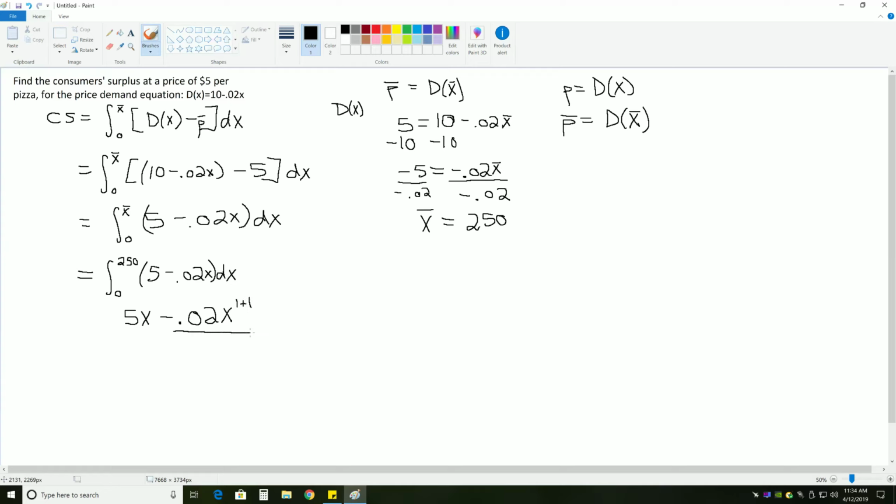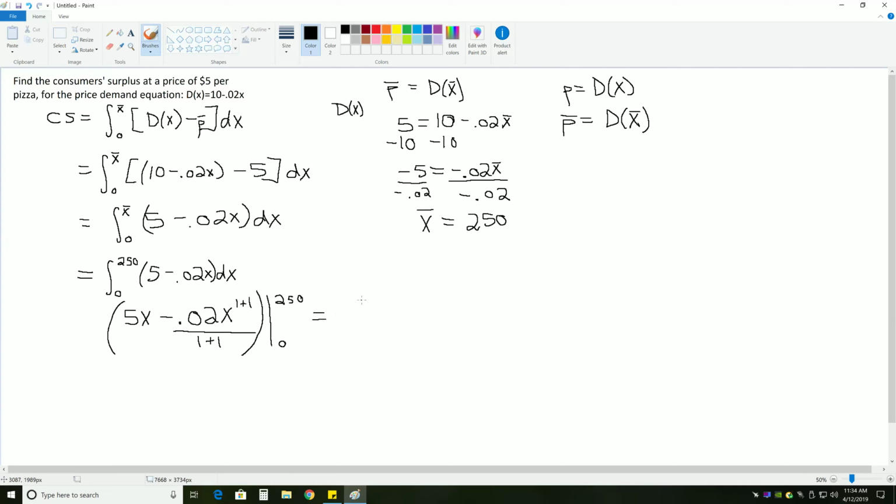So the antiderivative of 5 is 5x minus 0.02 x to the 1 plus 1 over 1 plus 1. So remember, whenever you have an x, the antiderivative is when you add 1 to the exponent, and then divide by your new exponent. And we're integrating this from 0 to 250. Okay, so from here we're just going to simplify this down a bit, and then we can plug in our limits of integration and solve.